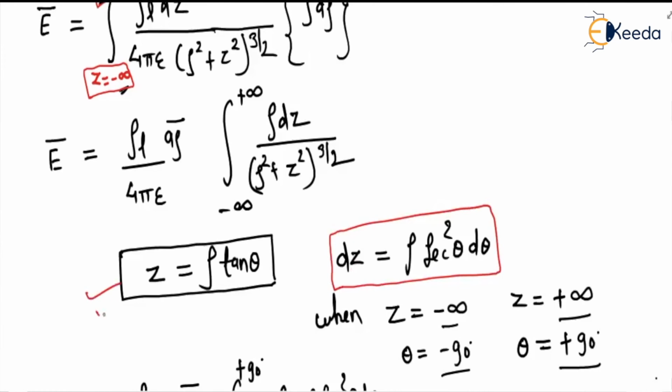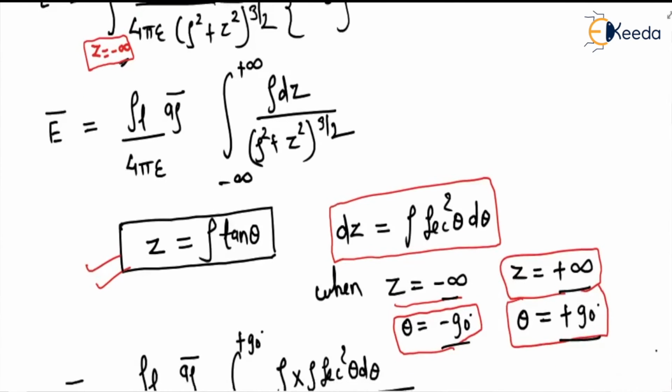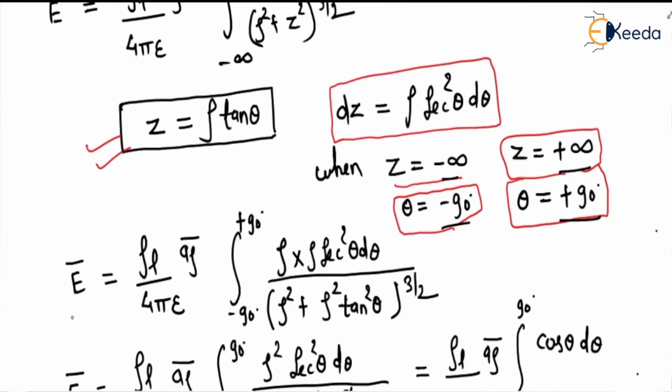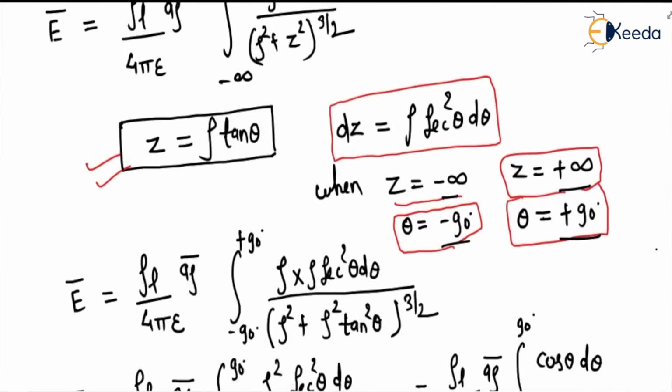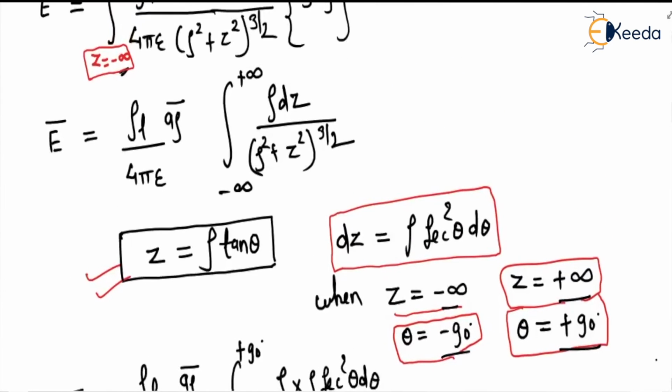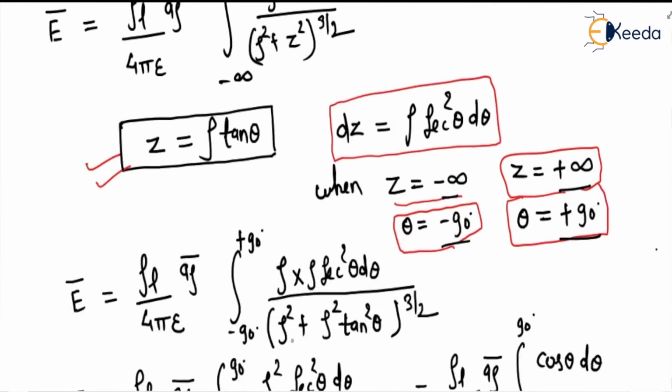When z is equal to minus infinity, theta will be equal to minus 90 degrees, and when z is equal to plus infinity, theta is equal to plus 90 degrees. So E is equal to rho L upon 4 pi epsilon a rho, from minus 90 degrees to plus 90 degrees, rho into dz, where dz is rho sec square theta d theta, upon rho square plus rho square tan square theta to the power of 3 by 2.